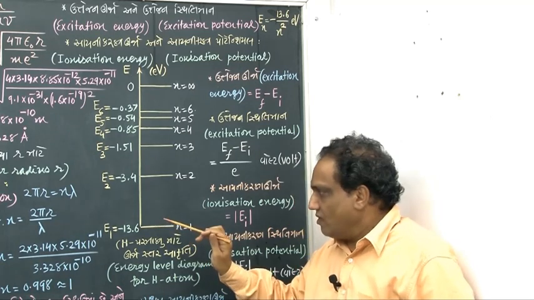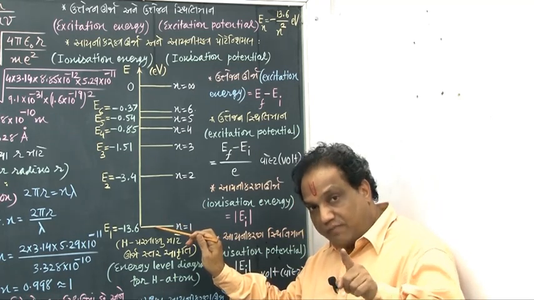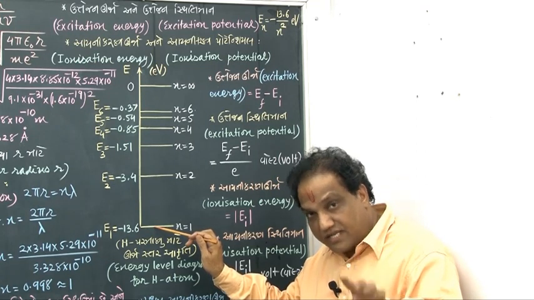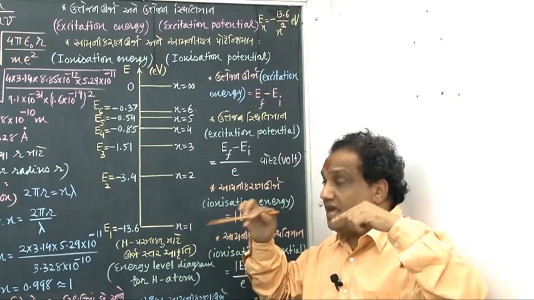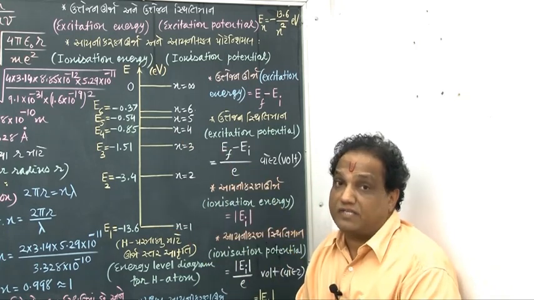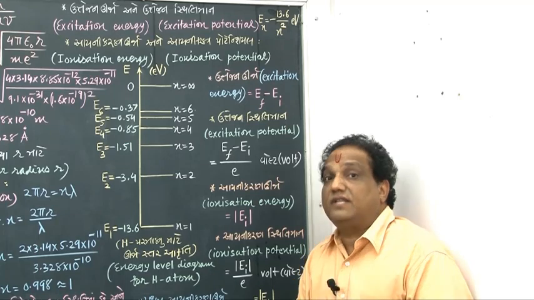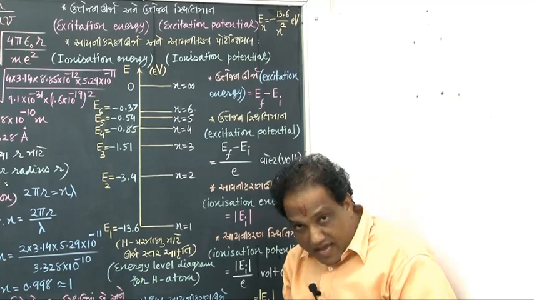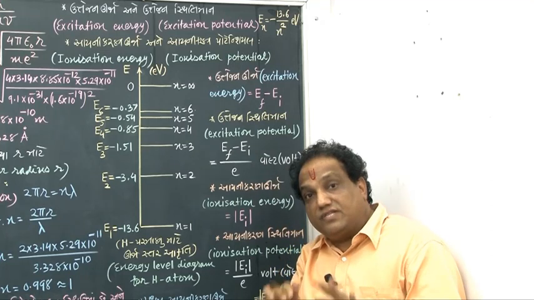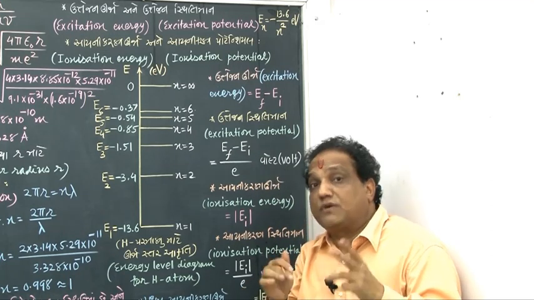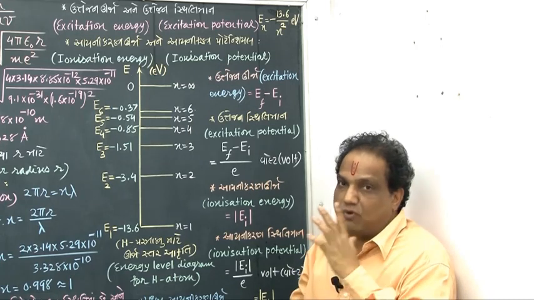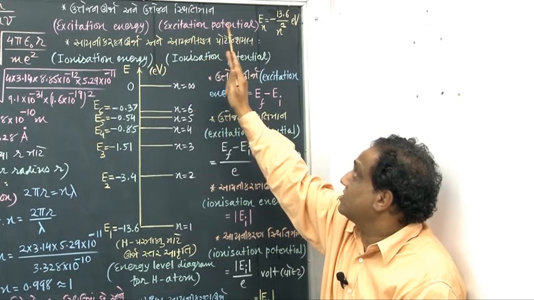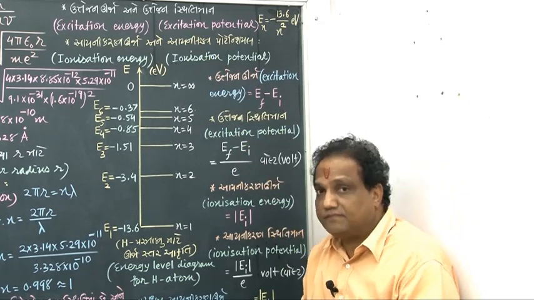From this state, if you supply that much energy from outside to that electron such that it may transit to any one of these upper energy levels, then that energy supplied is known as excitation energy, and that energy is to be supplied through some potential difference. That necessary potential difference is known as excitation potential.